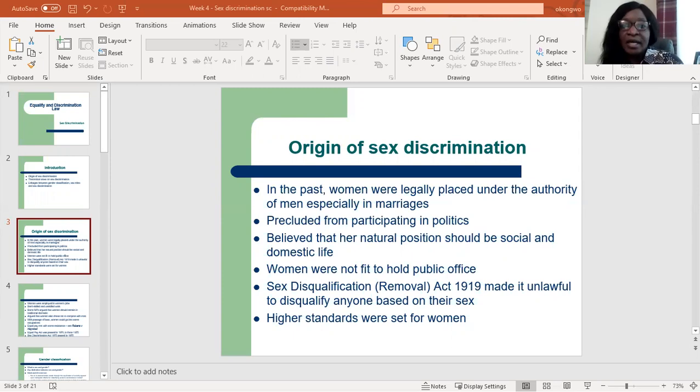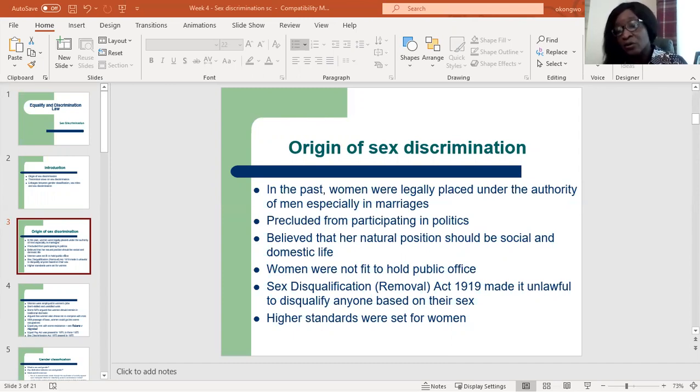Then over time, through the women's suffrage movement, women were gradually granted the right to vote, but not to contest for election, because they were considered not fit to hold public office.